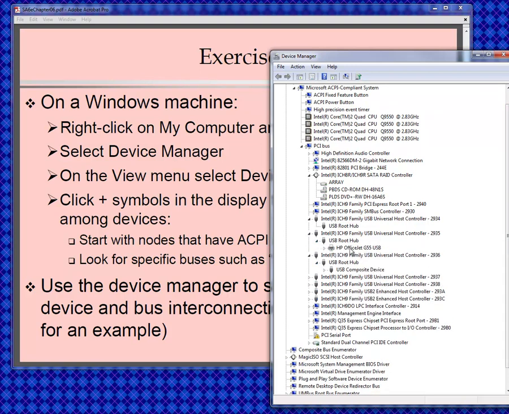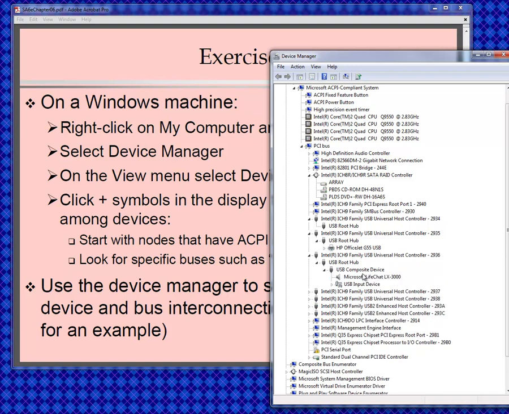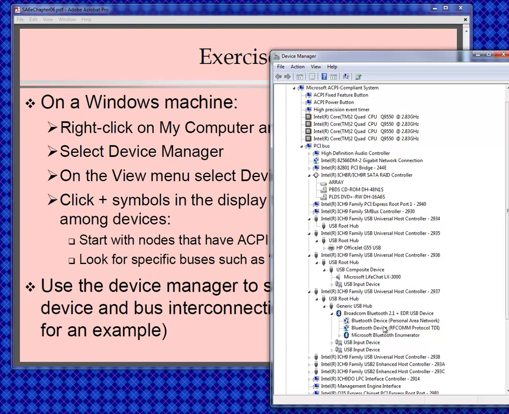I have an OfficeJet printer attached to this hub. What's over here? My LifeChat LX, that's the headset that I'm talking into right now. Oh, I've got some Bluetooth devices. My keyboard and my mouse are wireless, operating through Bluetooth.